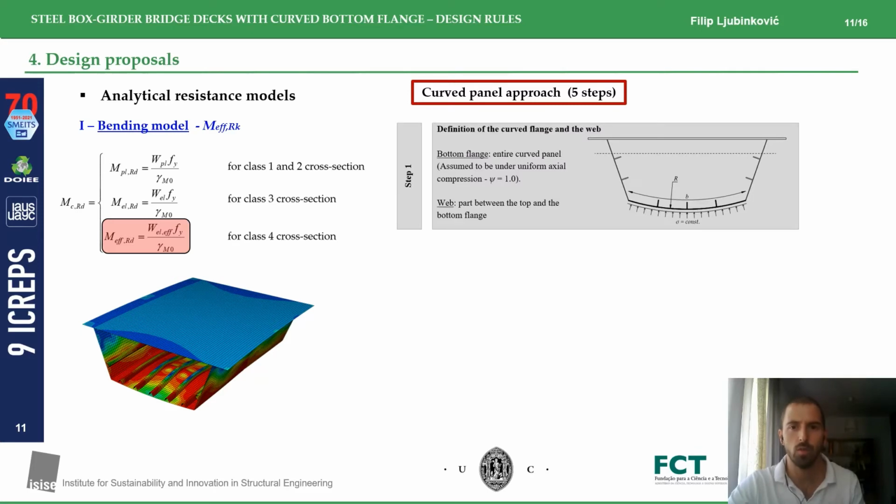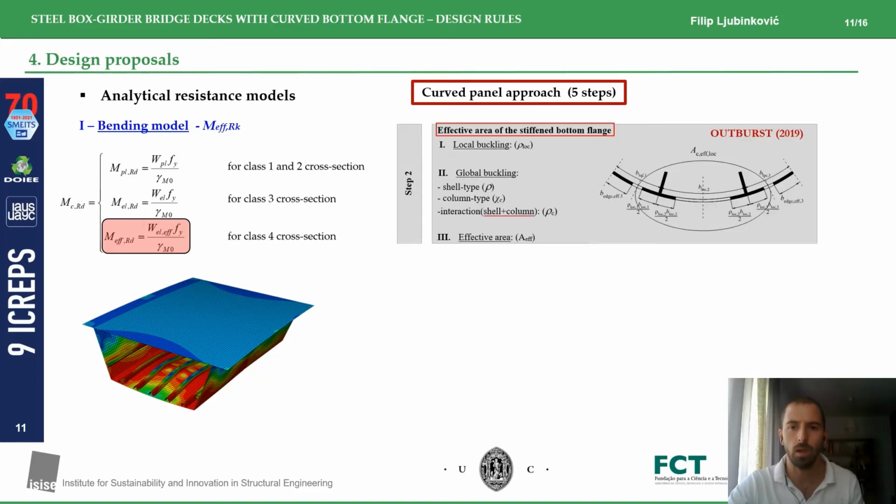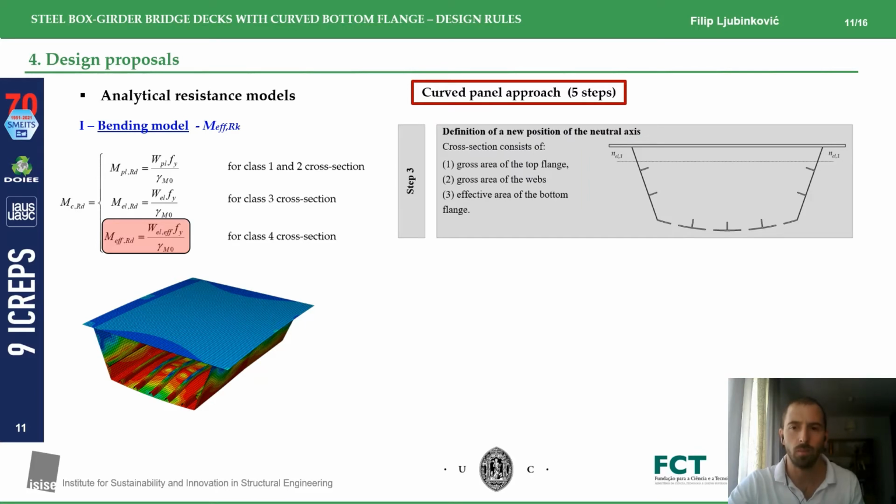First, we assume conservatively that the bottom flange, although it's curved, is subject to uniform compression, and with that assumption, we apply the rules that were developed in those 2 projects that I mentioned to obtain the effective properties of the curved bottom flange under uniform compression. Then, using the effective properties of the bottom flange, we recalculate in the 3rd step the position of the neutral axis.